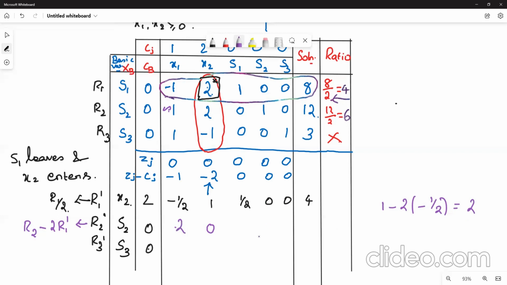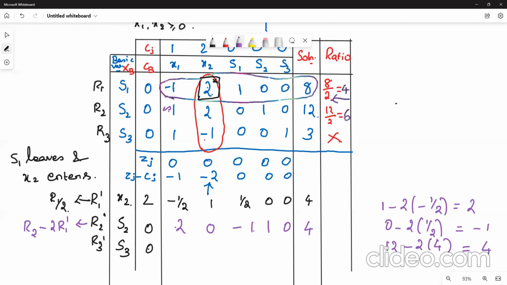Then 0 minus 2 into 1 by 2, which is minus 1. The third entry is 1, minus 0 into whatever, it is 1. 0 minus 0 is 0. 12 minus 2 into 4 is equal to 4. So the entry here is 4.